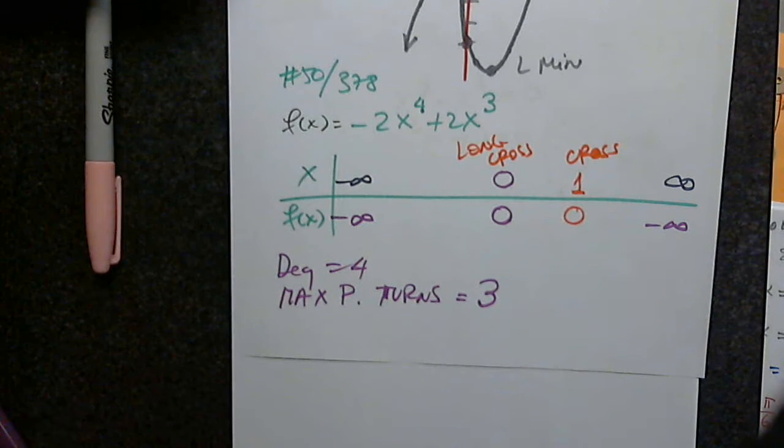Very good. Follow my hand for a moment. From negative infinity, it's coming to the origin. It crosses, but slowly. It has to come to a maximum, because it's coming back and crosses at 1, 0, going to negative infinity.